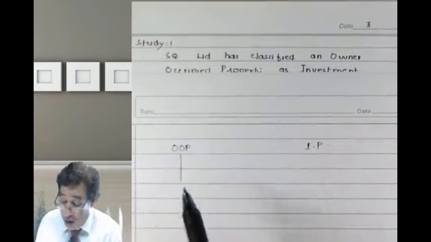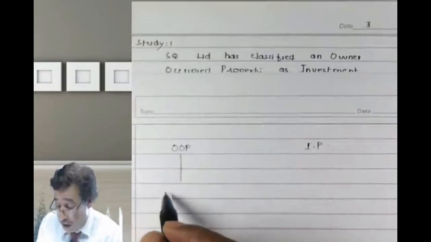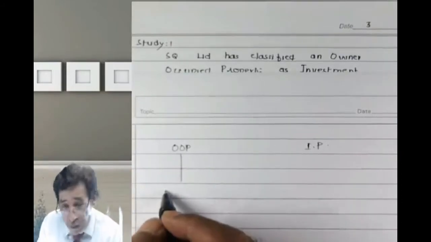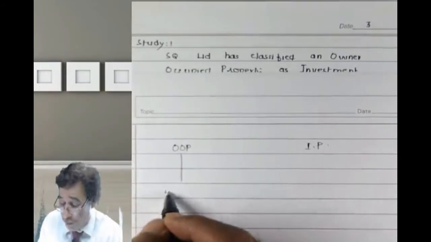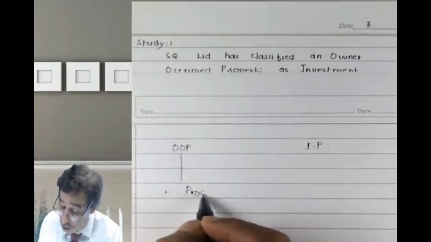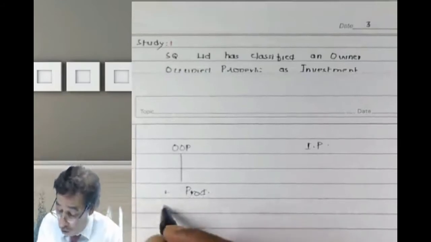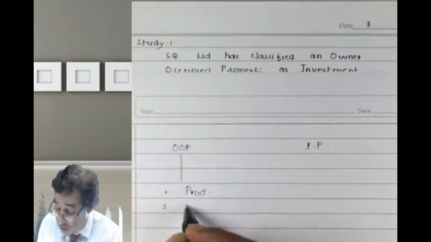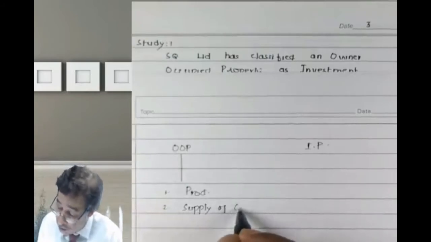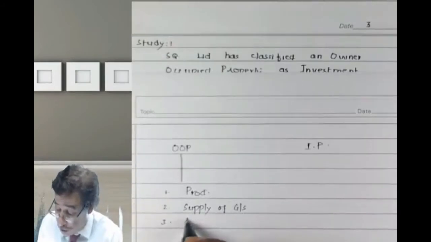Correct? An owner-occupied property is one which is held by the owner for the purpose of what? Number one, for use in production, or number two, for use in supply of goods and services, or third, for administration purpose.